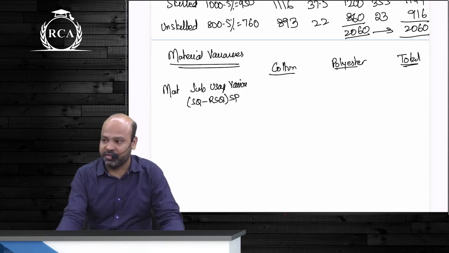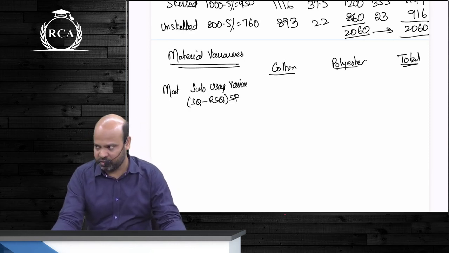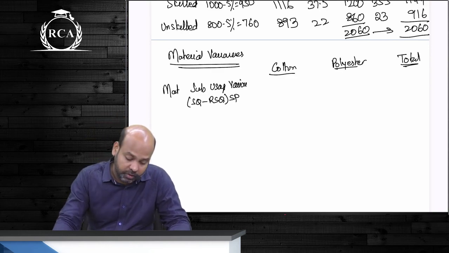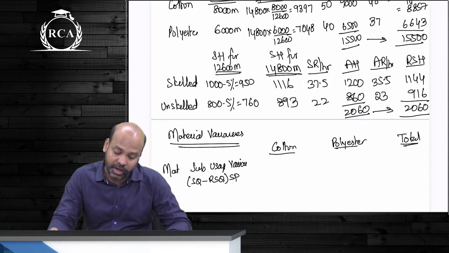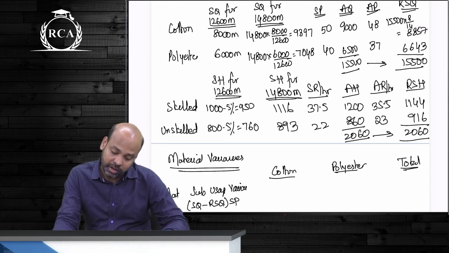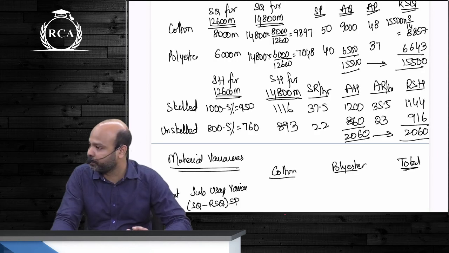Beta, sub-usage variance arises on account of change in total quantity. Mix variance arises on account of change in the proportion in which you are using raw materials. So SQ minus RSQ. I am not writing the values, guys. Can someone multiply and tell me the answer directly? So that will be 9397 minus 8857 into 50.